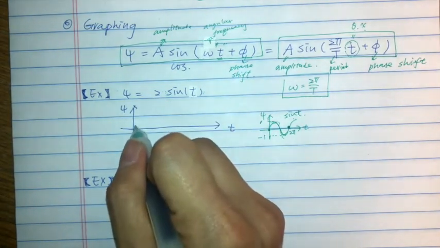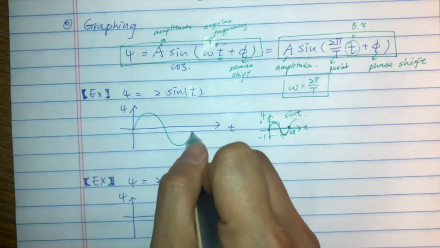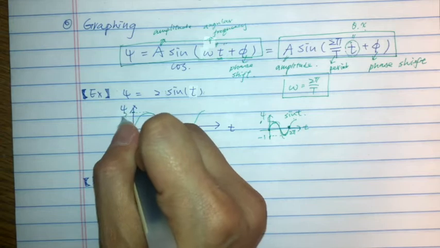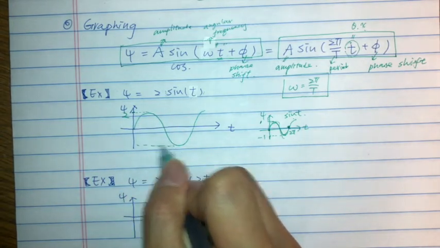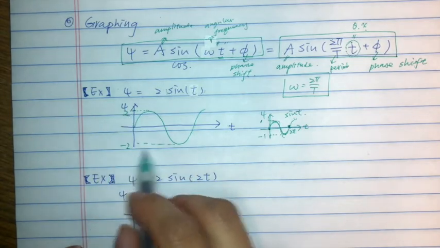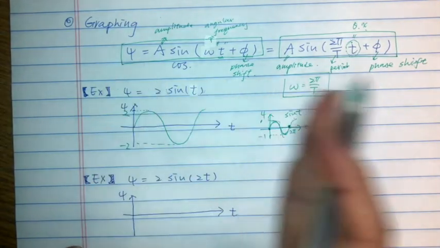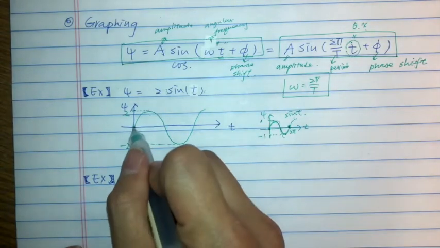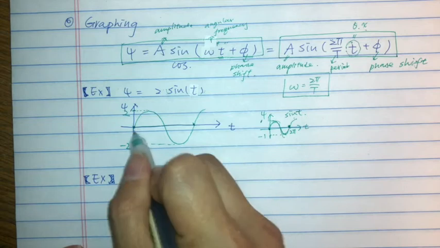So if I draw it out, it's going to look exactly the same shape, but the maximum value now is 2 instead of 1. Now this tells you the information in the y direction. So how about in t, in the time direction? How much is 1 cycle?